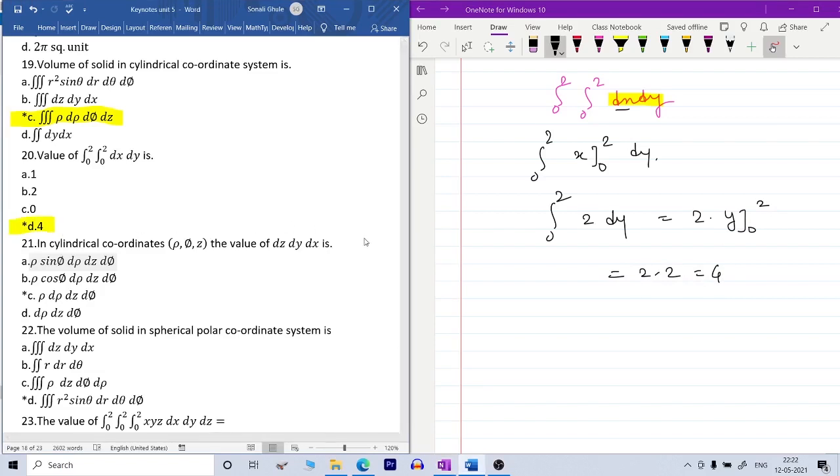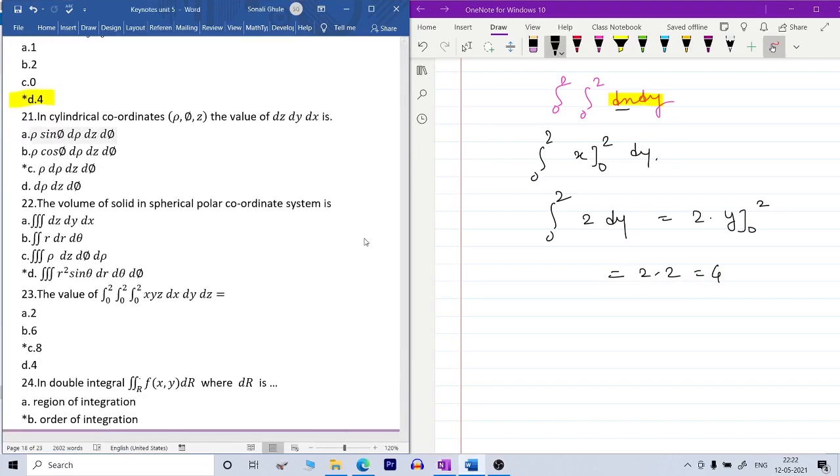Okay. Then next is, in cylindrical coordinate, the value of dz dy dx is. So in cylindrical coordinate system, we have just seen the formula. Here dx dy dz is replaced by rho dz d phi.